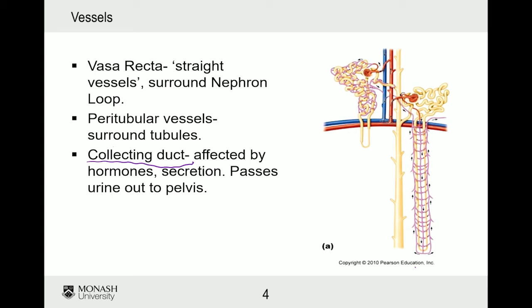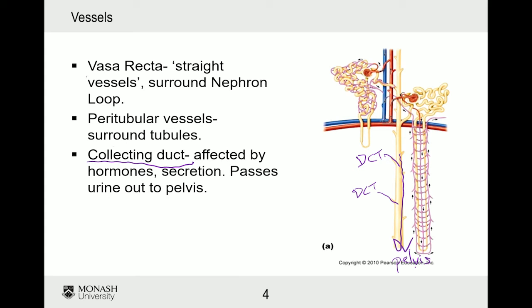The collecting duct is this long structure here that is connected by distal convoluted tubules and collects all the filtrate that will pass into the pelvis, which we talked about earlier. Multiple nephrons collect to each collecting duct.